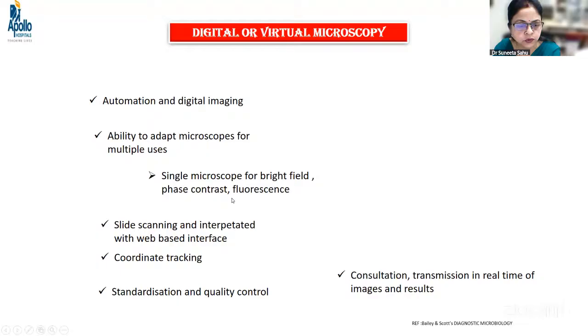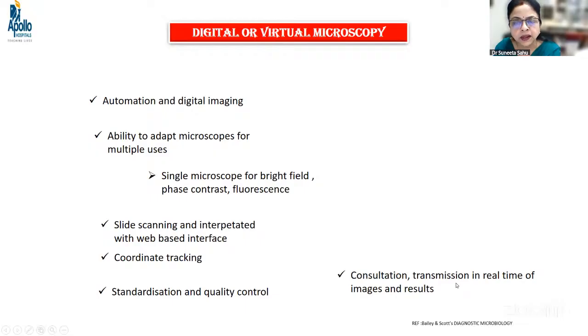It can be changed into phase contrast and also into fluorescence microscopy. The slides can be scanned and interpreted with a web-based interface, and with the help of software, the slide can be tracked. It can be standardized with proper quality control, and consultation can be done with transmission of images and results in real time.